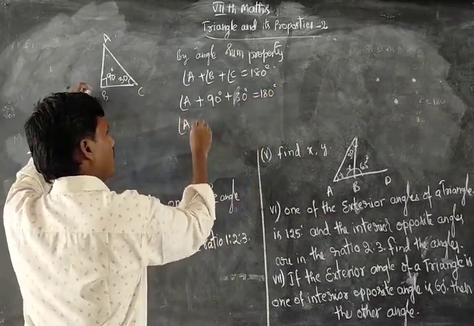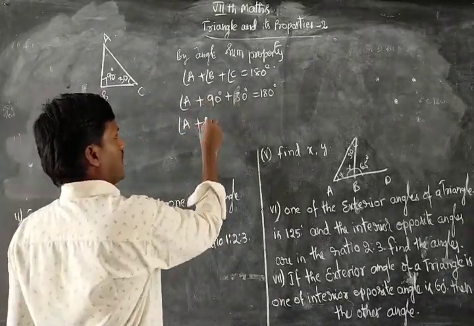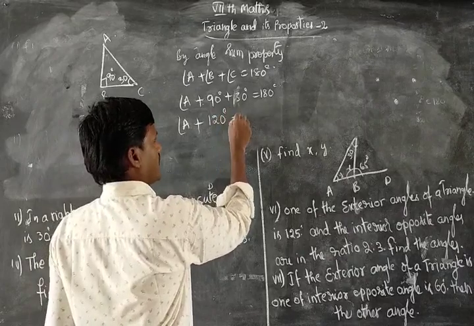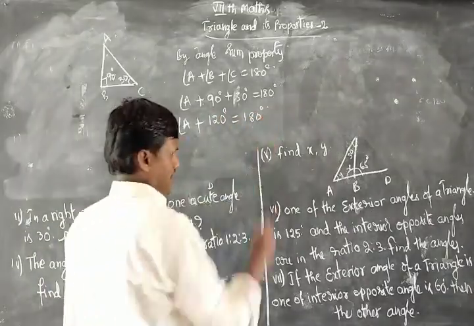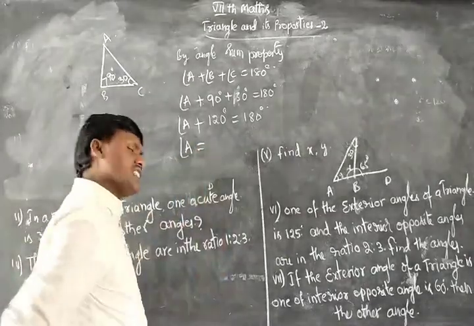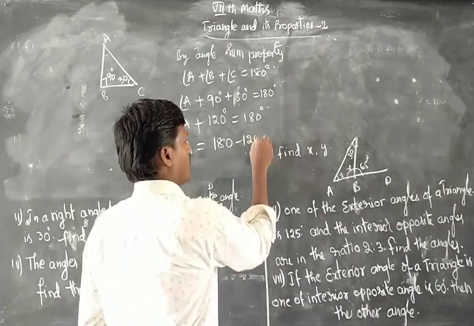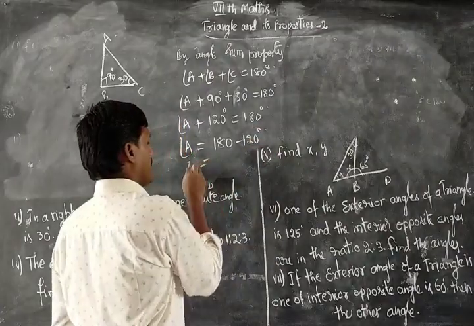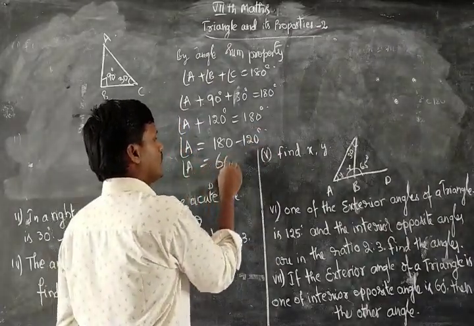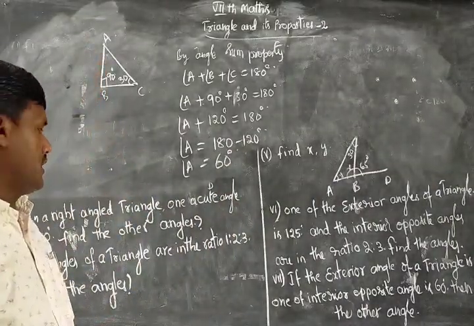So angle A plus 90 plus 30, 120 degrees, is equal to 180 degrees. Making angle A the subject, we get 180 minus 120. Finally, angle A is equal to 60 degrees.